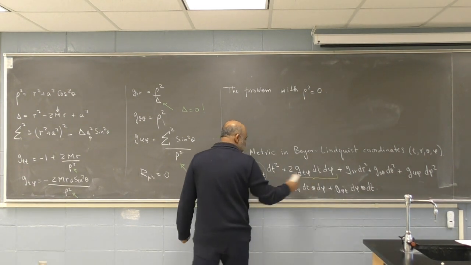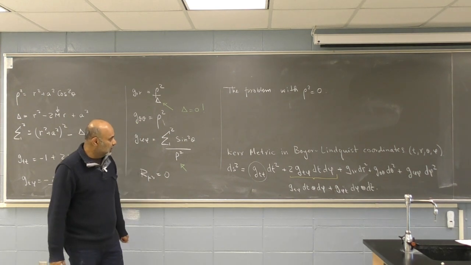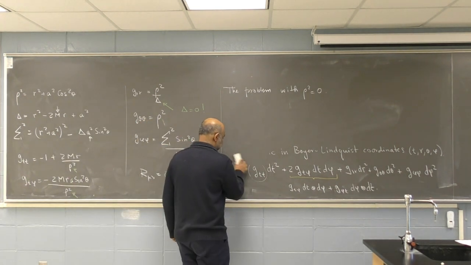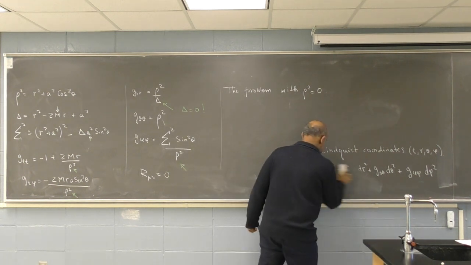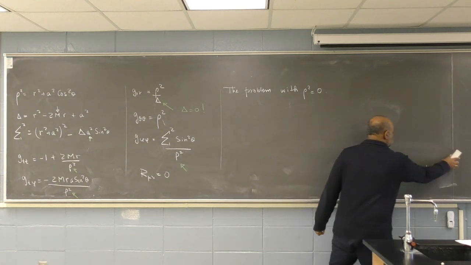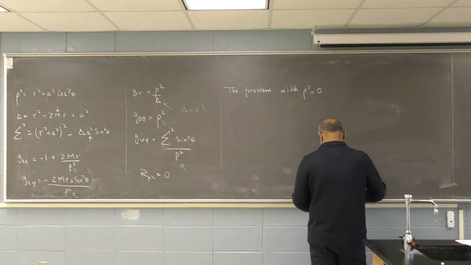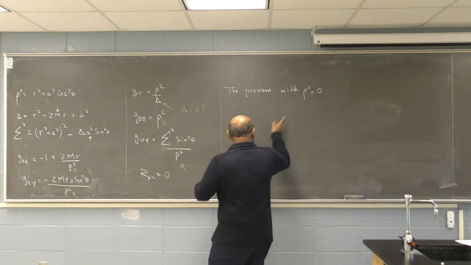Okay, this is very generic. It really doesn't help us much, so I'm going to get rid of this as well. Okay, now rho squared equals 0.